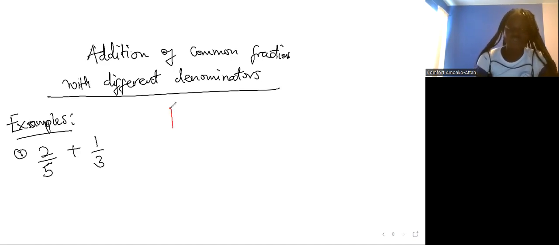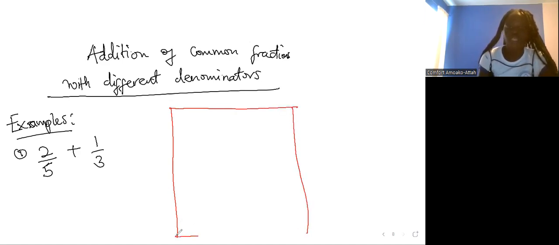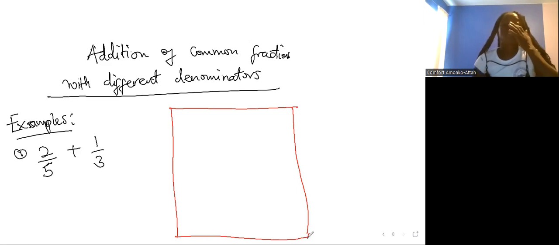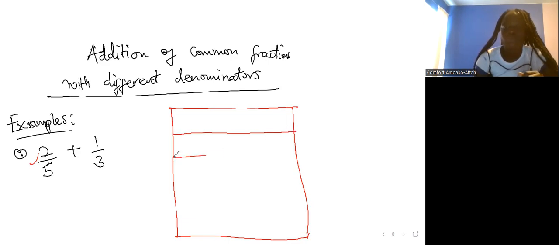So the first thing you do is get a strip of paper. Then divide it horizontally. The first one, we are tackling the first fraction, into 5 equal parts: 1, 2, 3, 4, and 5.